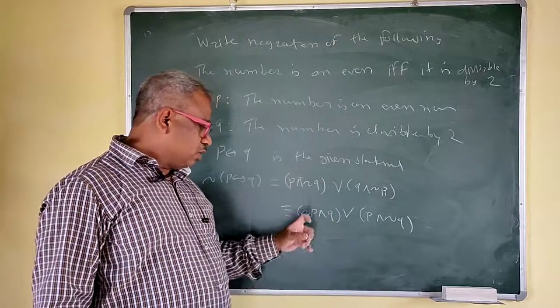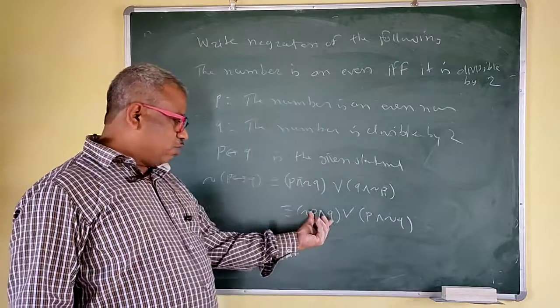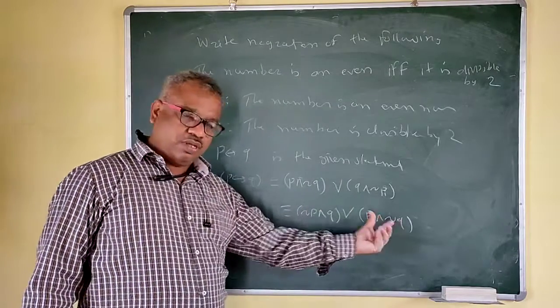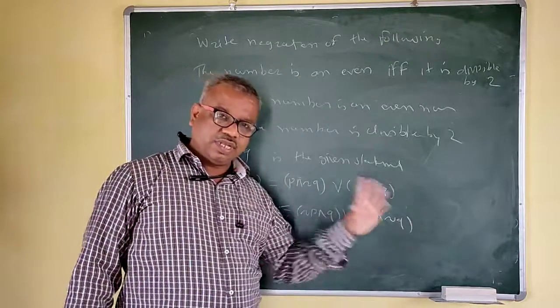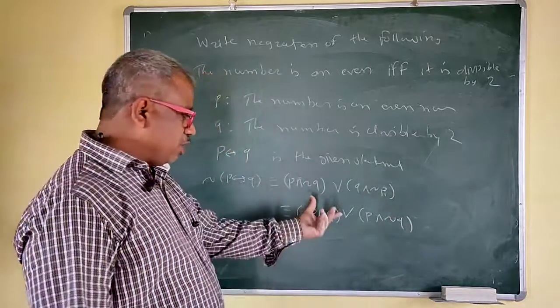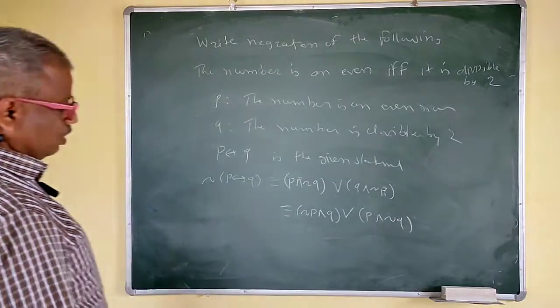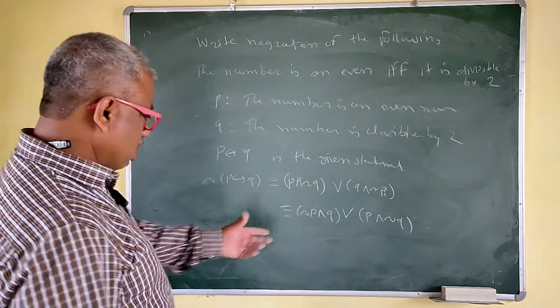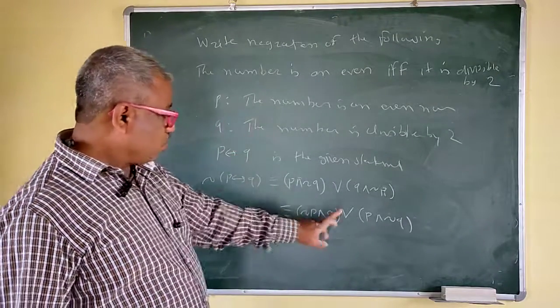Whatever, you may write this or this, it doesn't matter. So how to remember this one? You have to write P and Q here. First P is negative and then Q is negative. If your Q is negative, then you have to write the P is negative. So how to write this one?